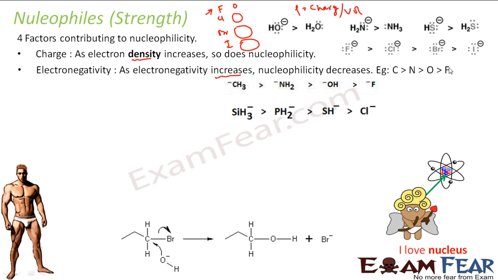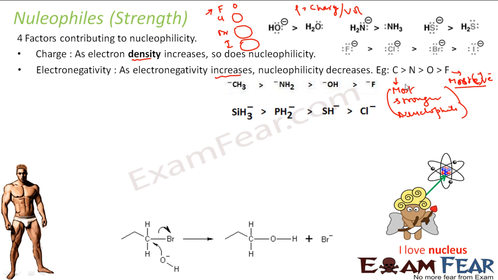This is the most electronegative, and this guy is the strongest nucleophile, correct? So if you see, carbon is the least electronegative and carbon is the strongest nucleophile, because carbon has the least electronegativity. It is okay to give electrons.